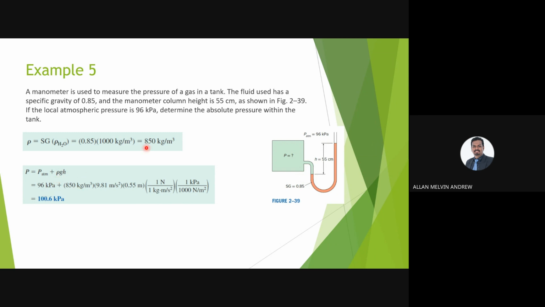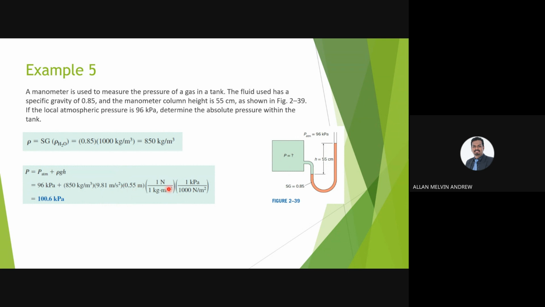I believe all the information is already obtained. Atmospheric pressure is 96. Rho is 850. Gravity is not given, so we take 9.81. And the height is in cm, you convert to meter, 0.55 meter.